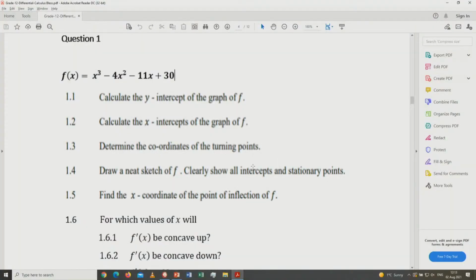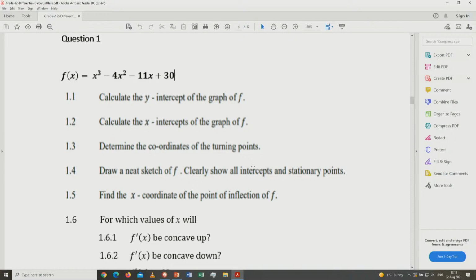1.3, with 1.3 learners, here we are required to determine the coordinates of the turning point. Now we know, learners, for the turning point, TP, we are saying f prime of x is equal to 0. Now what we need to do, it means we'll have to differentiate our cubic function.